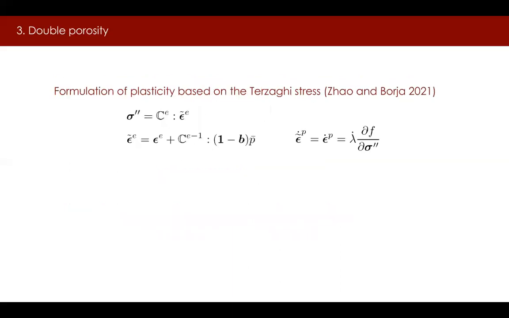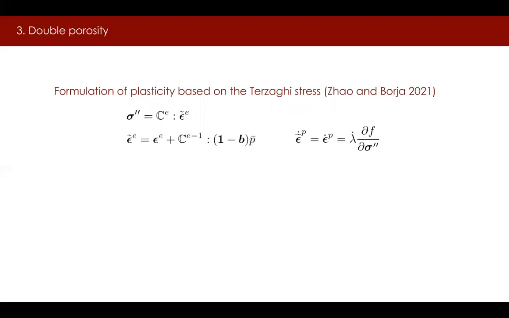The novelty in the recently proposed plasticity framework is the use of the Terzaghi effective stress in the plasticity formulation while satisfying the generalized Hooke's law based on the Biot effective stress. Indeed, this is possible by assuming the Terzaghi effective stress to be driven by an alternative strain epsilon tilde, whose elastic component is a linear combination of the true elastic strain and the mean pore pressure P bar.